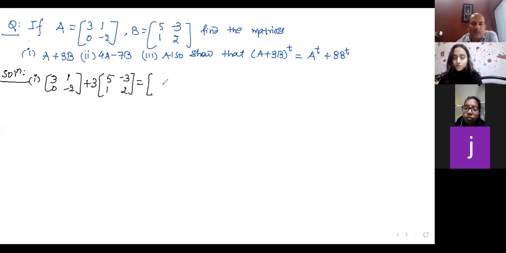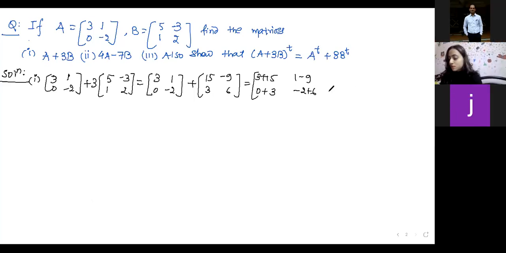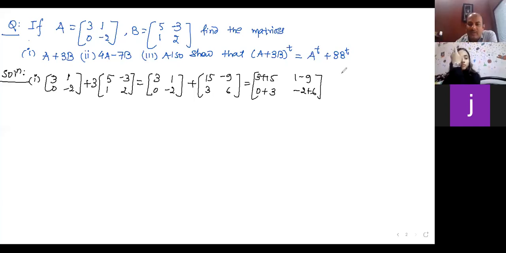This is equal to 3, 1, 0, minus 2 plus 5 3s are 15, minus 9, 3, 3 2s are 6. 15 plus 3 is 18, 1 minus 9 is minus 8, and minus 2 plus 6 is 4.